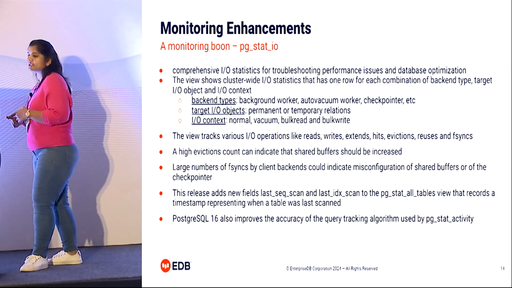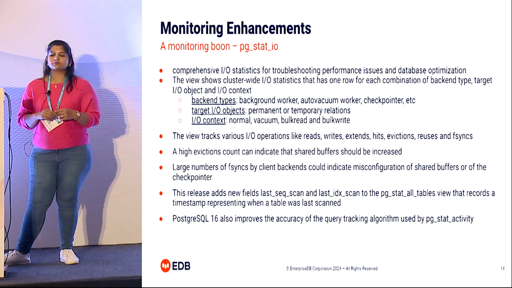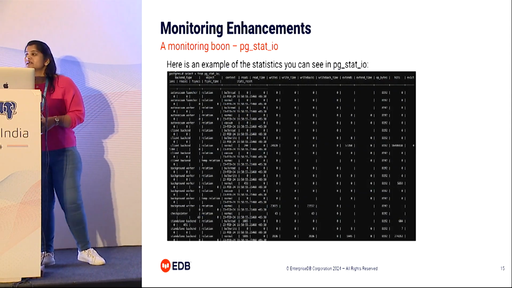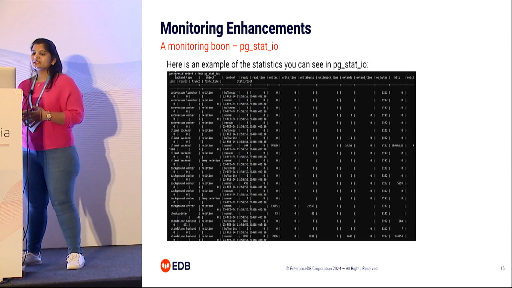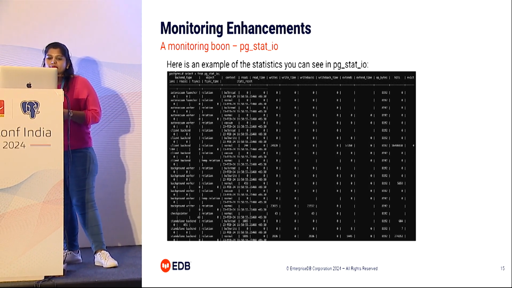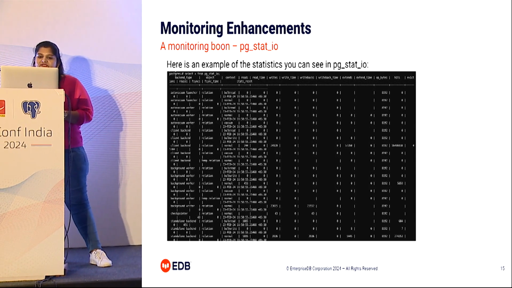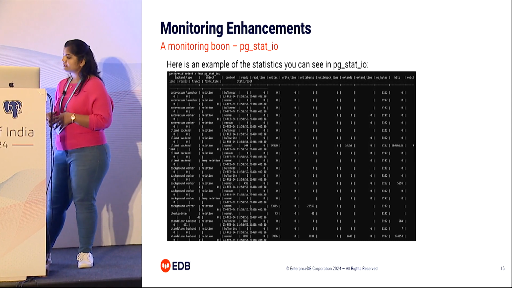And also there have been improvements to the accuracy of the query tracking algorithm used by pg_stat_activity. Okay, here is an example of how pg_stat_io would look. You can see that you have backend types, objects, and contexts such as bulk read, vacuum, normal, and you have reads, writes, extends, hits, evictions, and so on.